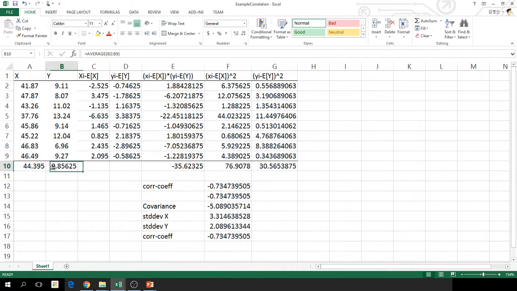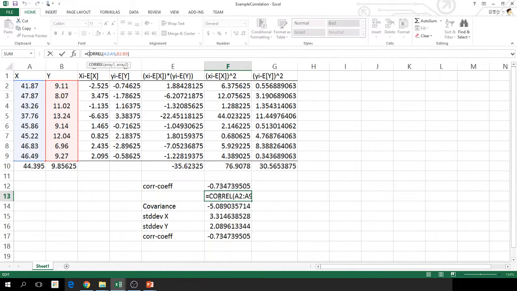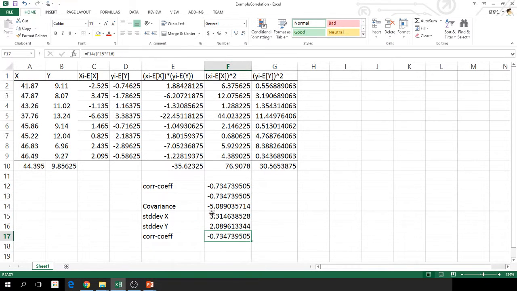One is the very primitive way, using this table. The other is the very smart way, using the correlation function given by Excel. And the third is using this equation. So you calculate covariance and then the standard deviation of x and the standard deviation of y. After that, the correlation coefficient is covariance divided by standard deviation times standard deviation. Then you can obtain the correlation coefficient.